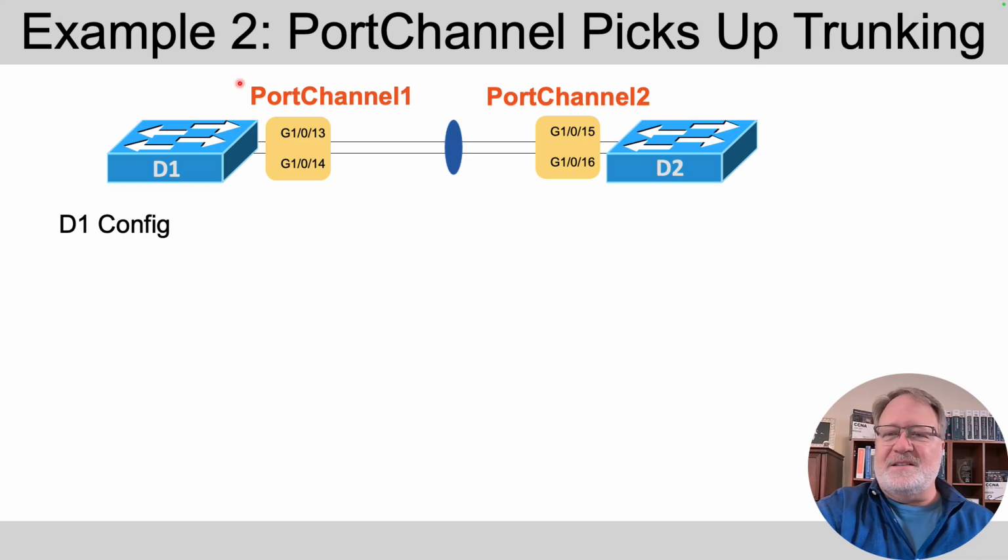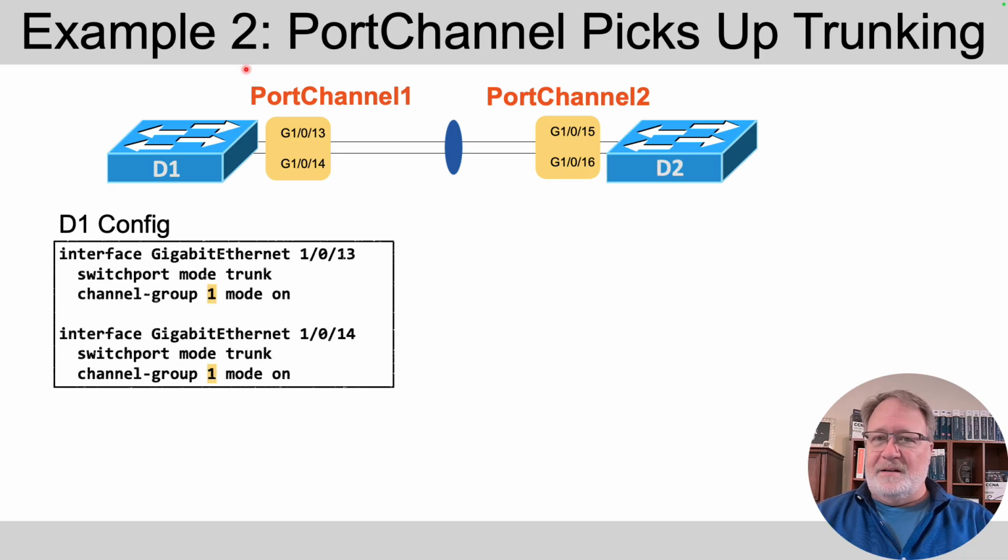First off, I'll call this example 2. It's the exact same config as before, but we have a subcommand on the physical interfaces when we start. Both of these physical interfaces have a switchport mode trunk command. Notably, they're the same command and they match. So what's different here? We've told the switch, hey, these ports are trunking, which is probably going to be true between two switches anyway.